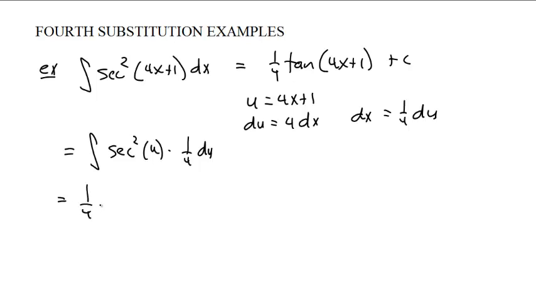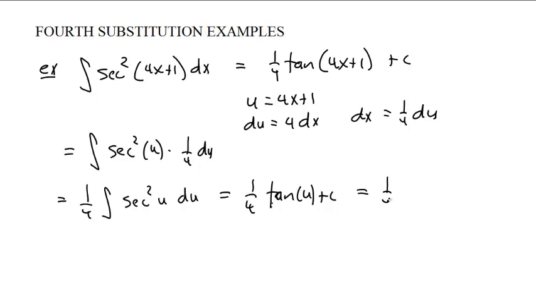If you really want, you can put that 1/4 out and get secant squared of u du. And then hopefully you're like, oh, clearly the derivative of tangent is secant squared. 1/4 tangent of u plus c, and that is 1/4 tangent of 4x plus 1 plus c, which is what some people can just do right off the top of their heads.